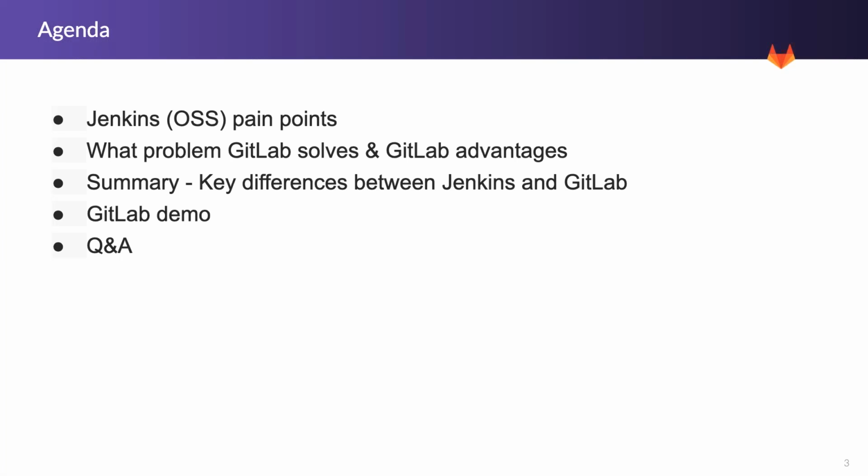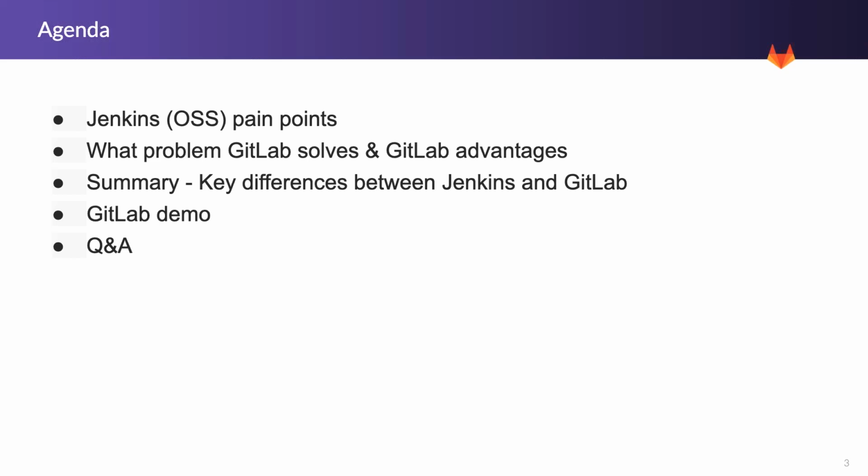So the agenda for today is I will share with you some Jenkins pain points that we hear from Jenkins admins and users. And just a point, when I speak about Jenkins for today's webinar, I refer to the open source or free version of Jenkins. There are more versions like CloudBees or Jenkins X, which is not a part of today's session.